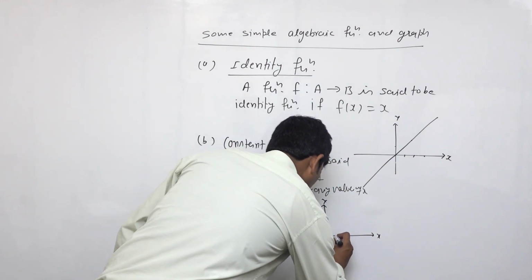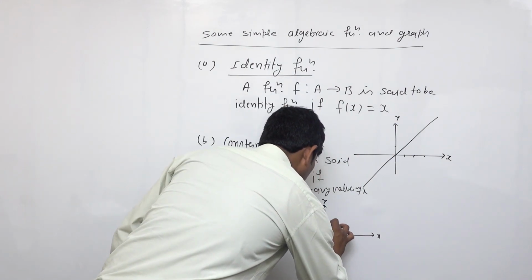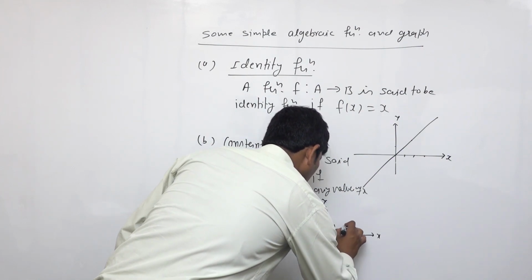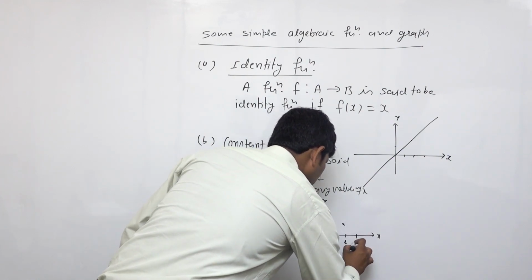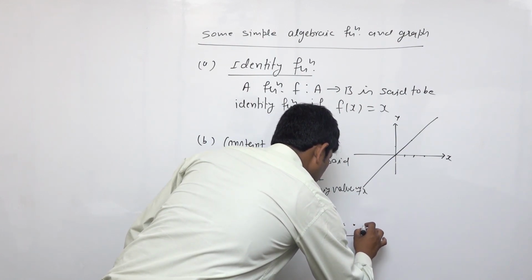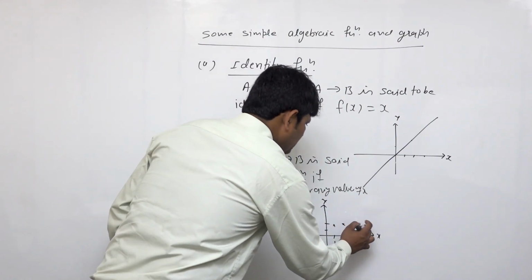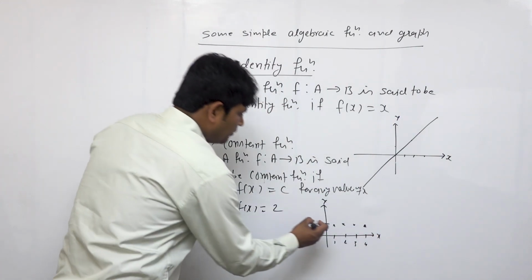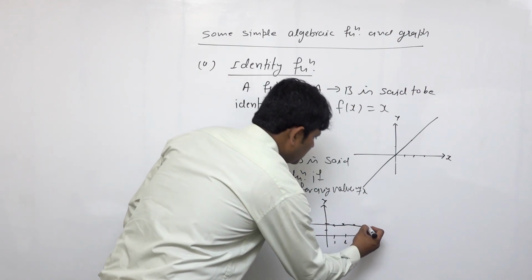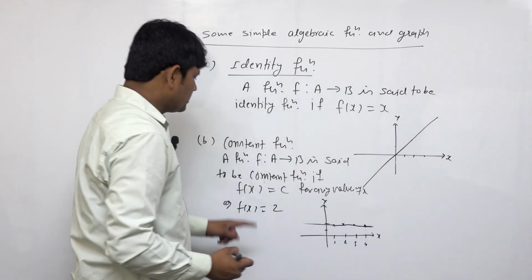If I will put x is equal to 2, even y is 2. Even x is equal to 3, y is 2. X is equal to 4, y is 2. So always the value of y is 2. So if we join this line, then we can see that this is called constant function.